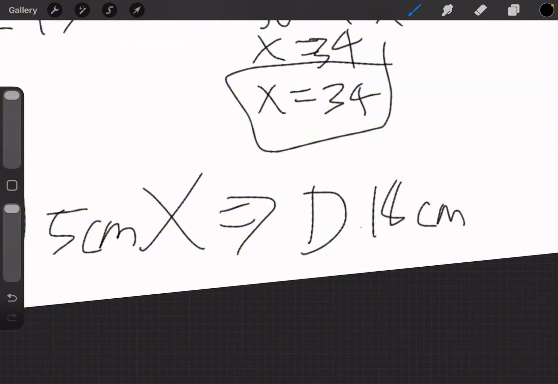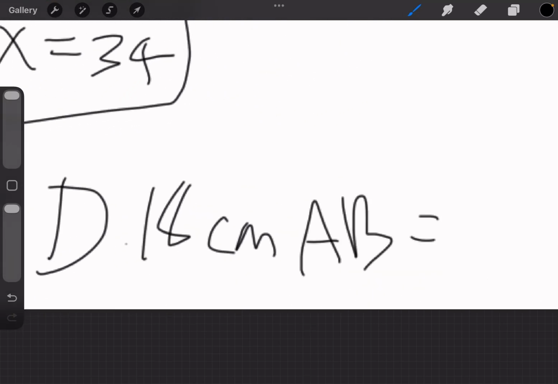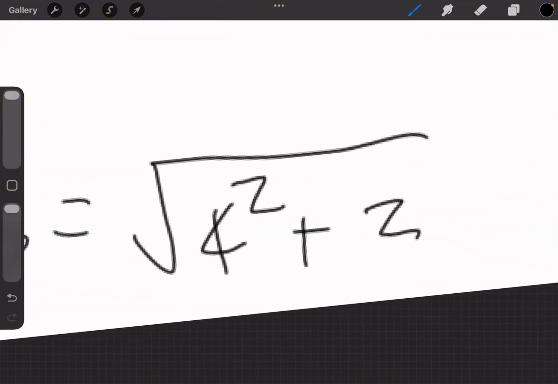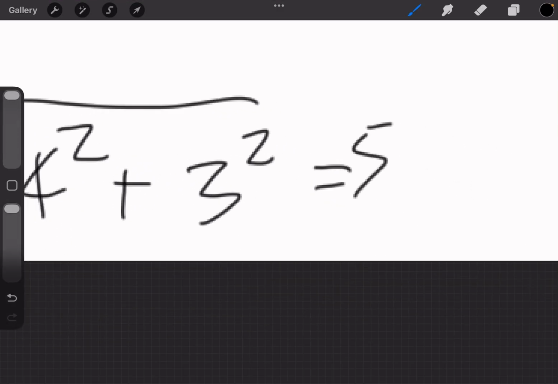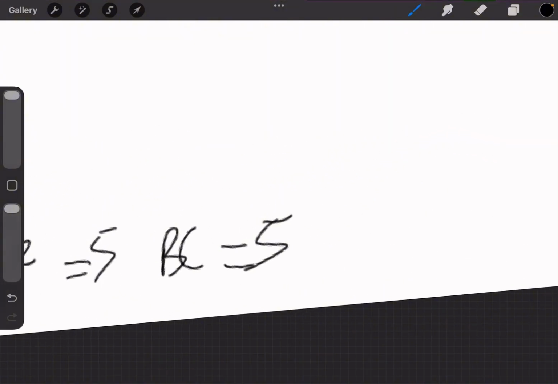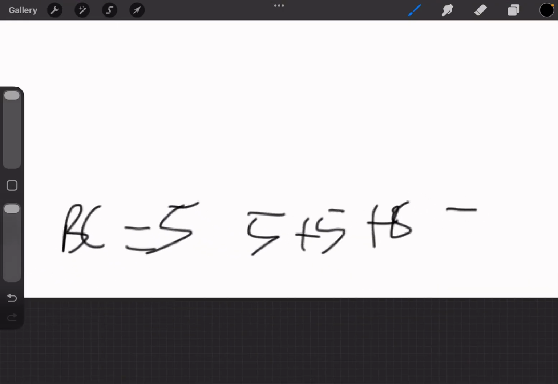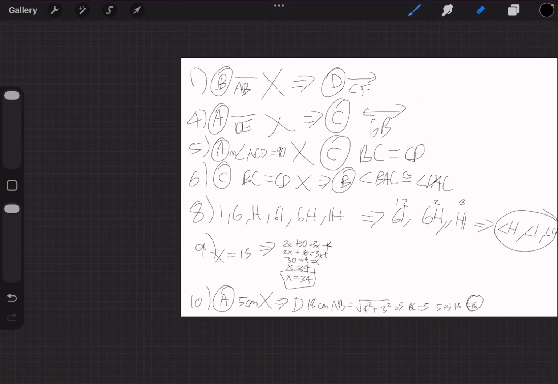The real answer is D because AB equals the square root of 4 squared plus 3 squared, and that equals 5, and BC is the same, so BC equals 5, and the perimeter is 5 plus 5 plus 8 equals 18. So final answer is 18. Okay. So next I'm gonna do 11.